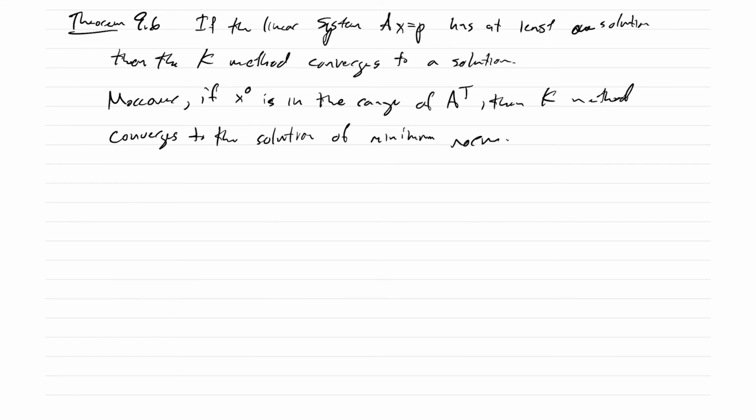Right, and so this sort of thing would end up happening if your system is uniquely solvable, then it converges to the solution. There would only be one solution to converge to, and Theorem 9.6 tells you that it works.